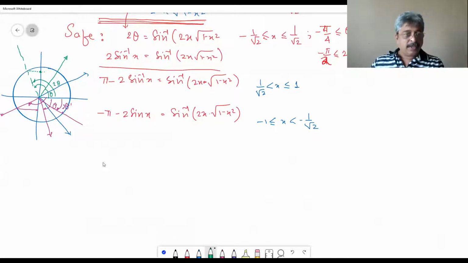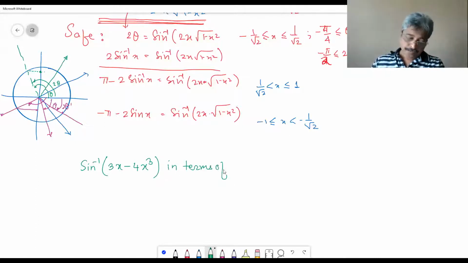Okay, sine inverse 3x minus 4x cube in terms of sine inverse x.